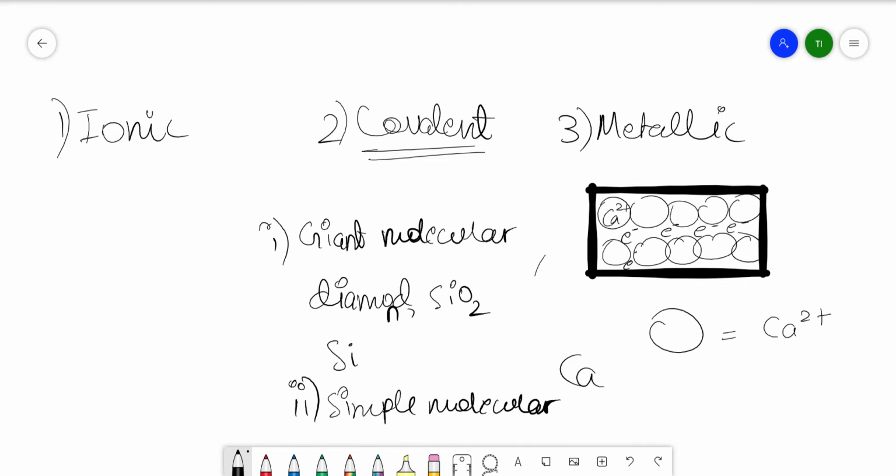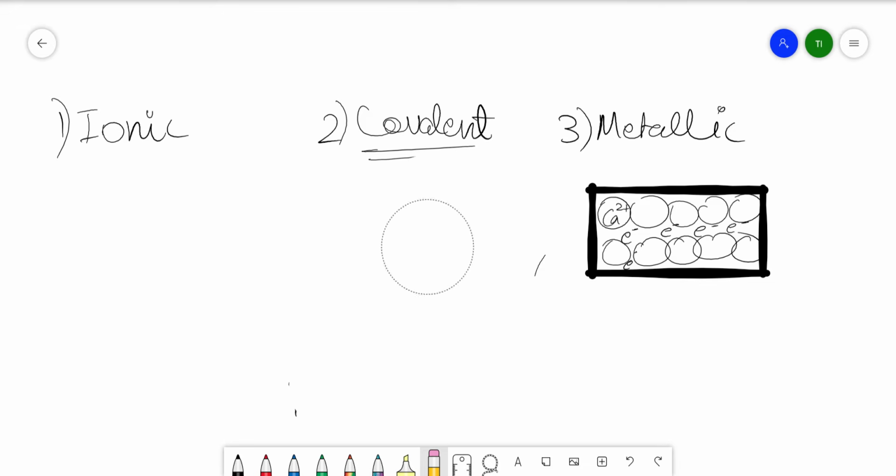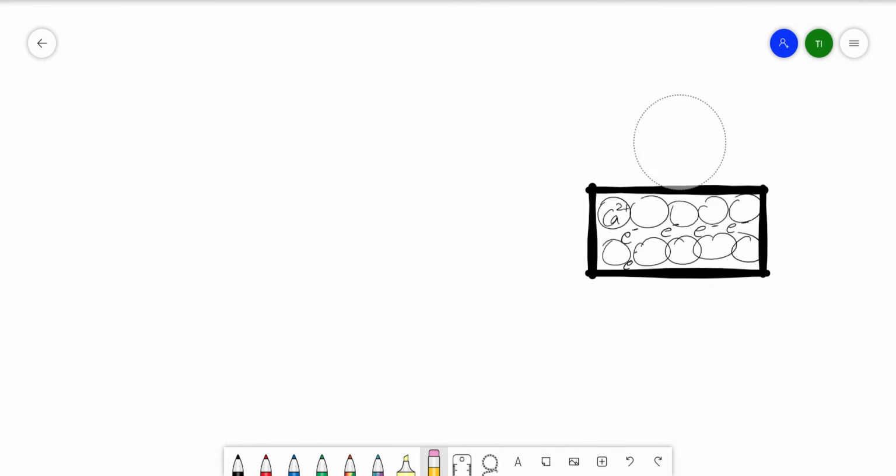Giant molecular has a higher boiling and melting point, and simple molecular has a relatively lower boiling and melting point. Therefore, simple molecular substances are usually liquids or gases at room temperature and pressure, whereas giant molecular ones are solids. The reason is the bonds that are broken to convert them from solid to liquid and liquid to gas, but we'll get into that later when we cover intermolecular forces. Anyway, those are the three types of bonds that were taught to you in IGCSE, and that was just a small recap.